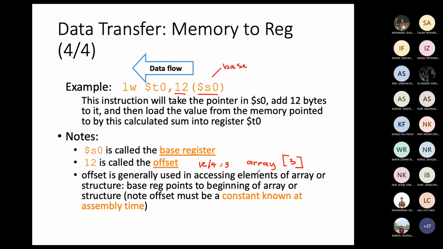Let's say you were given an array instruction in C, array with bracket 3. What you need to do is multiply 3 by 4 to get your offset. The 4 here refers to 4 bytes. So index 3 times 4 bytes gives you offset 12.